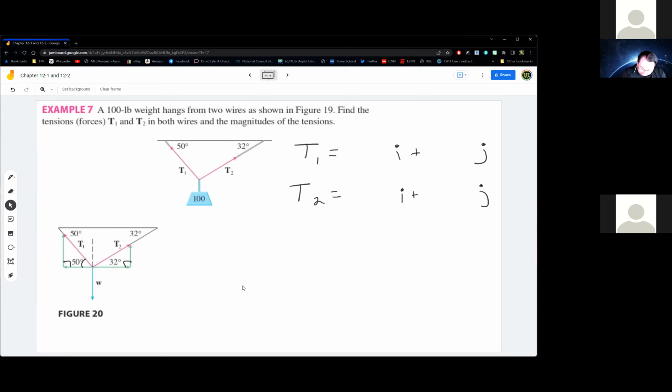So if I'm looking for this value here, that would be adjacent over the hypotenuse. So I'm going to use cosine for that one. So cosine of 50. Now, which direction is this one going? If we were looking at this in terms of the coordinate plane, because direction is going to matter in this situation. Is it going left or right? Is it going to the positive side or the negative side?